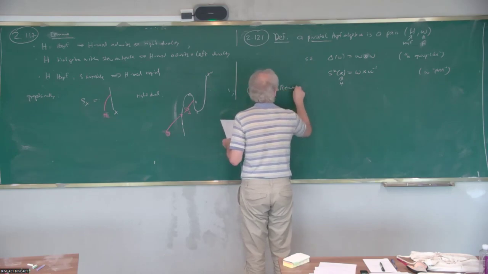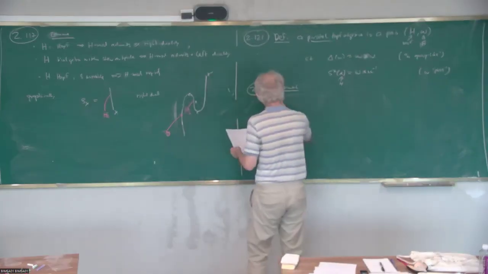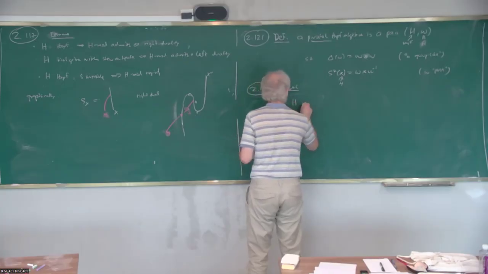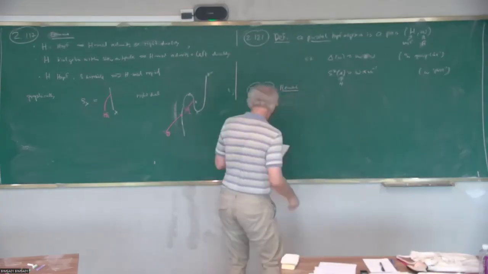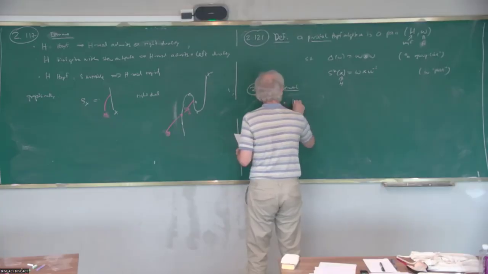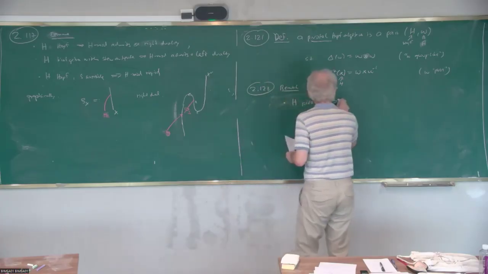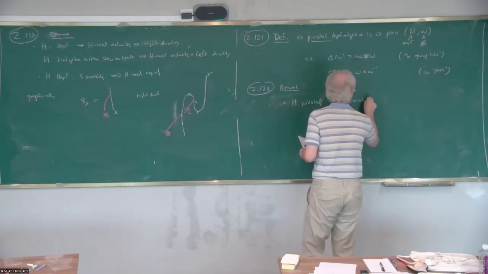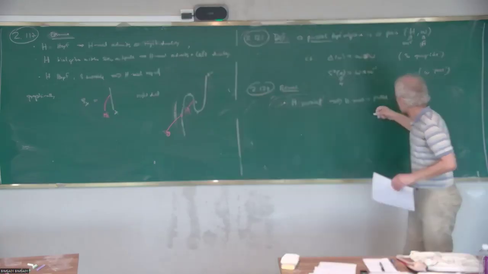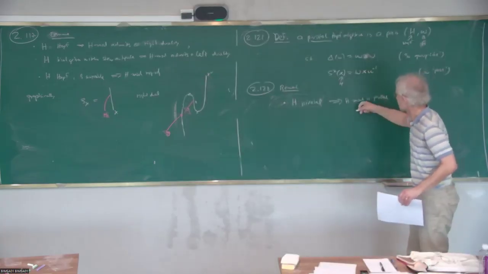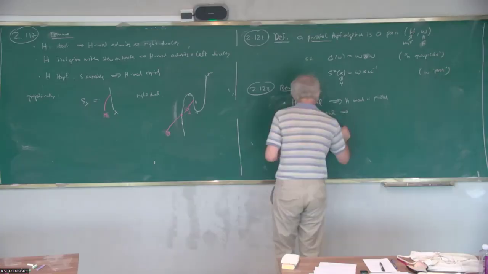Remark or lemma or exercise: if H is pivotal, then H-mod is pivotal, where of course the pivotal structure on the category can be described in terms of the pivots.